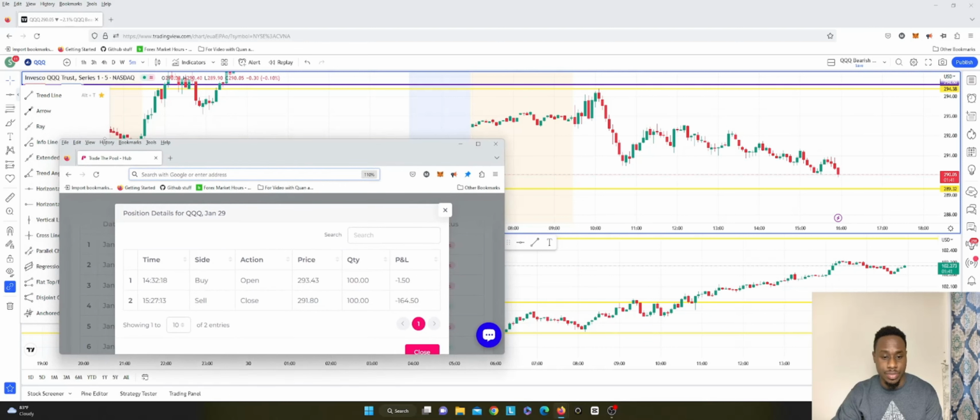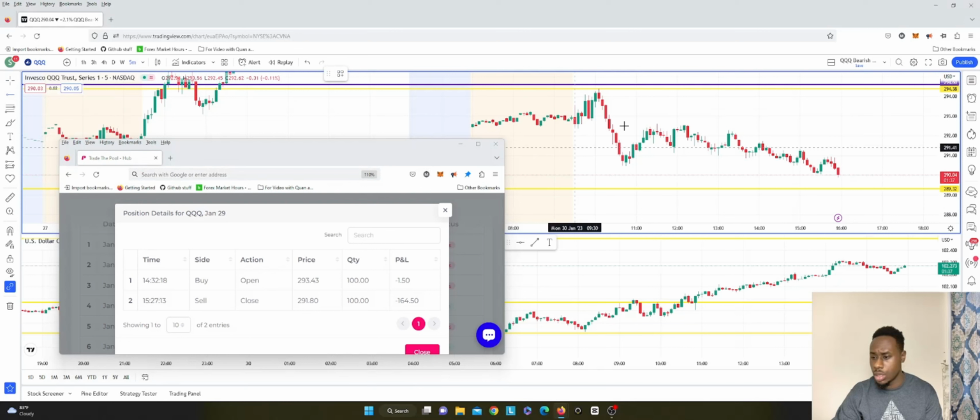So let's see. At 9:30 right here, this 9:30 candle, I entered at 29343.